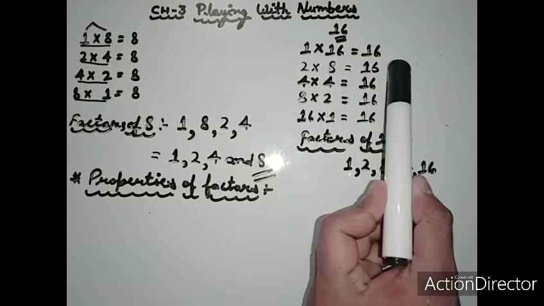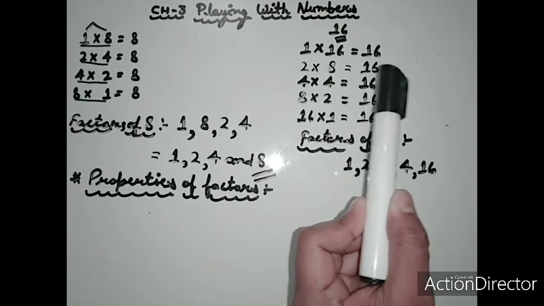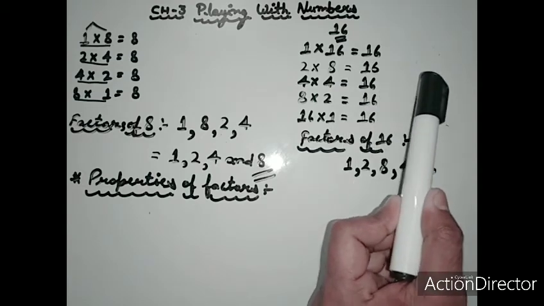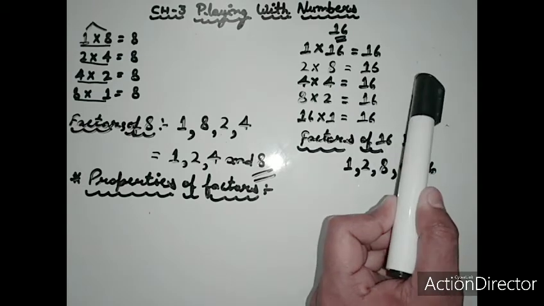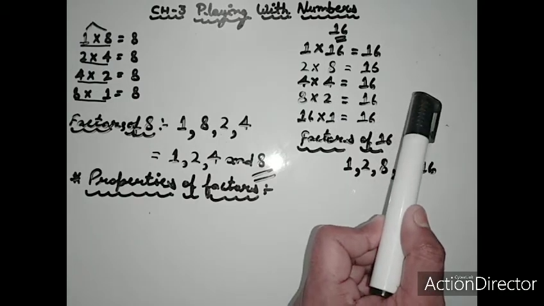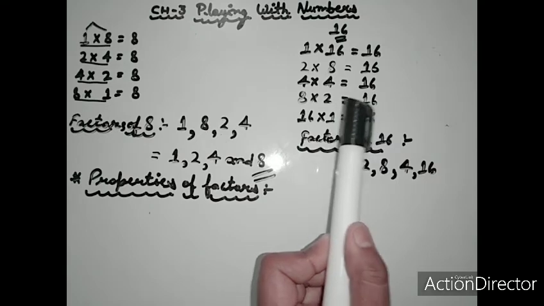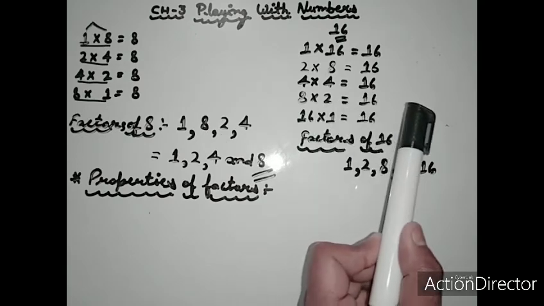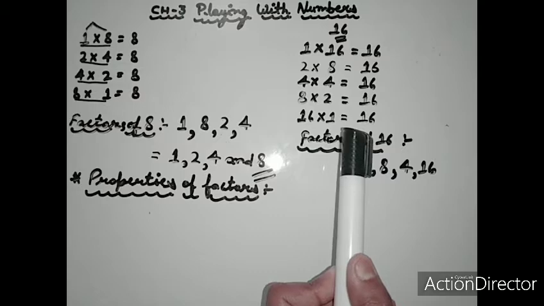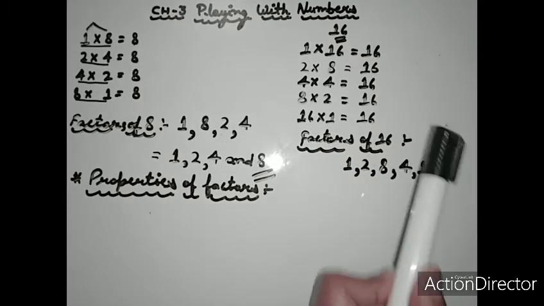Same with 16. 16 divided by 16 gives remainder 0. Then 16 divided by 8, 2 times, 8 twos are 16, gives remainder 0. Then 16 divided by 4, 4 fours are 16, gives remainder 0. And 16 divided by 2, 2 eights are 16, 8 times, gives remainder 0. And 16 divided by 1, 16 times, gives remainder 0.